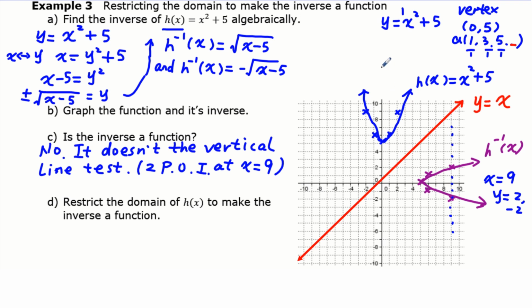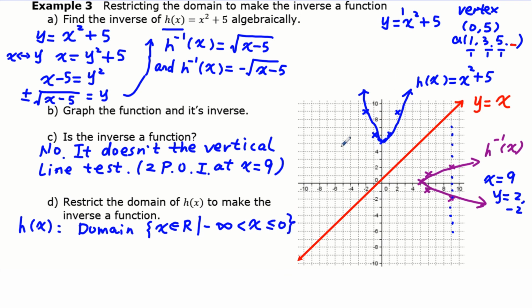So for the domain, if we cut it in half, it will be x belongs to all real numbers such that negative infinity less than x, then stop at the vertex, less than or equal to 0.